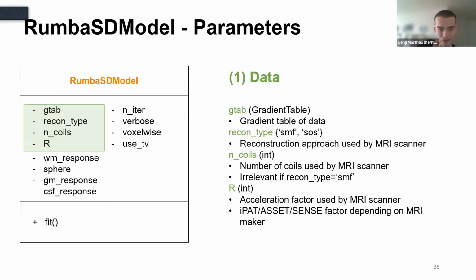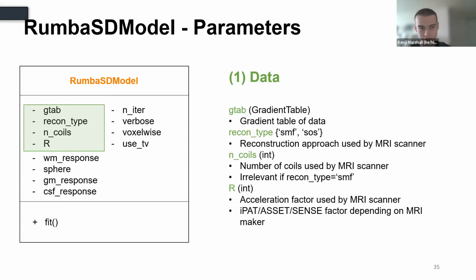So to start, we have our data parameters. Firstly, it asks for the gradient table of your data. This is a gradient table object in Dipy. It then asks for the reconstruction type. This is the reconstruction approach used by your MRI scanner.